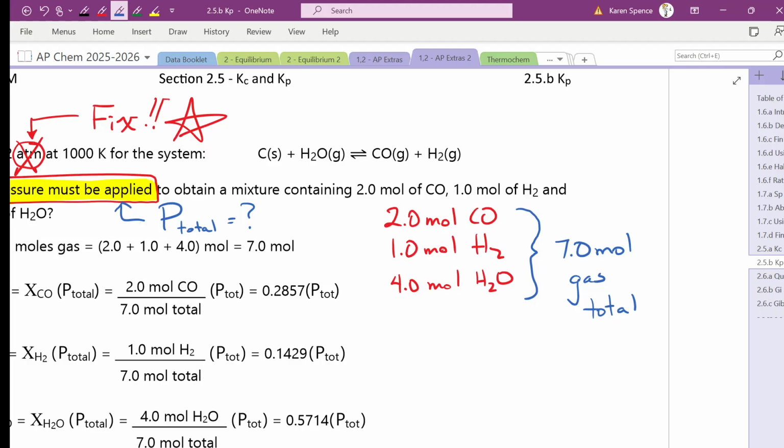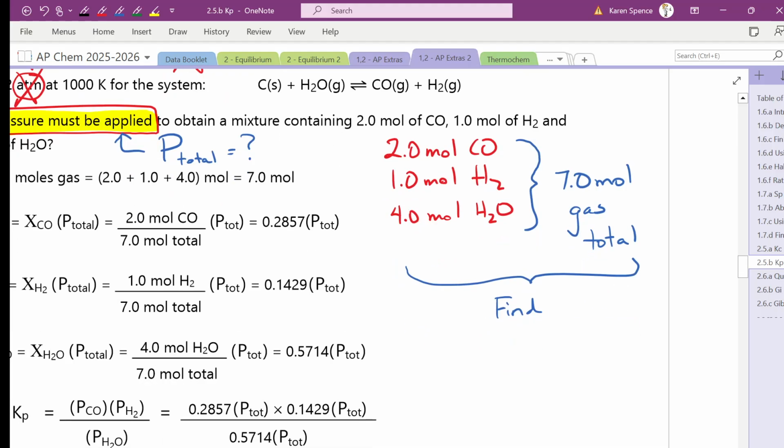And if we know our individual moles and our 7 moles, what can we calculate? We can use this to find the mole fraction of each gas. All right.